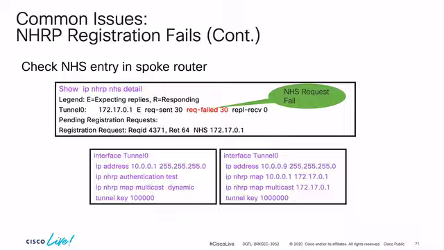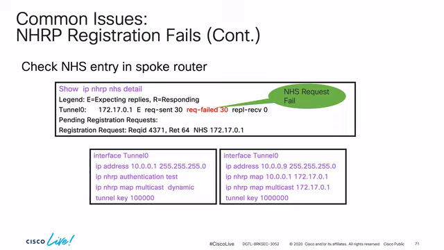On the right side, which is the spoke, we do see an NHRP mapping for this specific hub, wherein we have the tunnel address 10.0.0.1 mapped to 172.17.0.1, and we have enabled multicast for the specific mapping too.